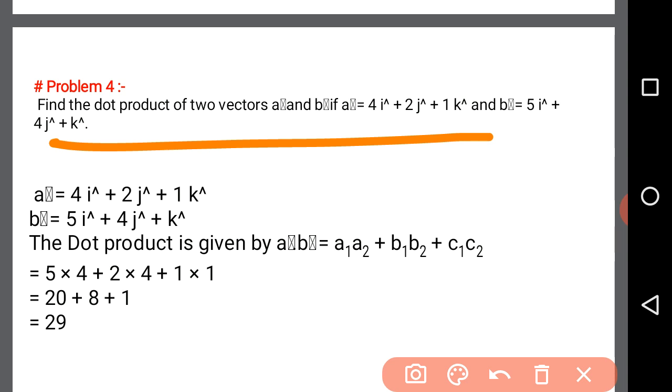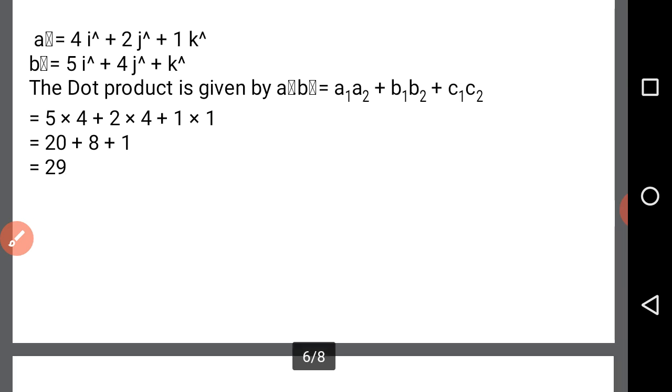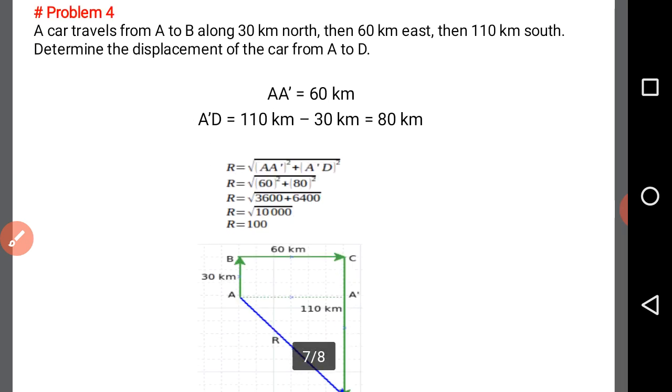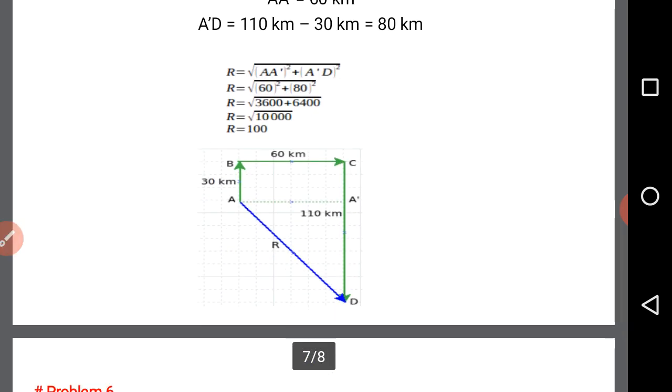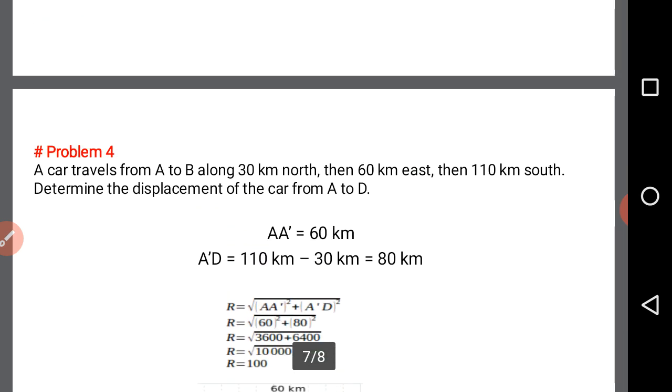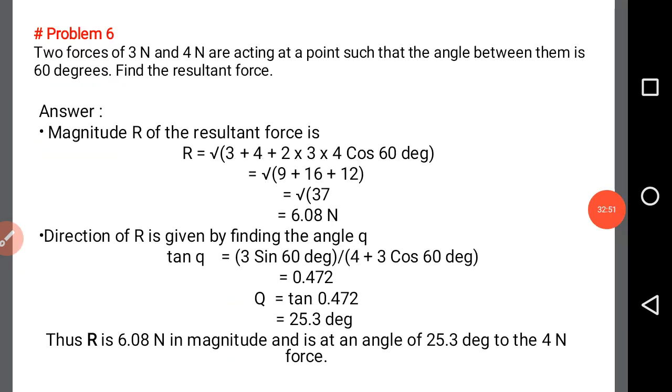Why? Because only the like terms can multiply. So i cap dot i cap is equal to 1, j cap dot j cap is equal to 1, and k cap dot k cap is equal to 1. Remaining all terms are equal to 0. So 5 into 4, 2 into 4, and 1 into 4. This is the characteristic of dot product.